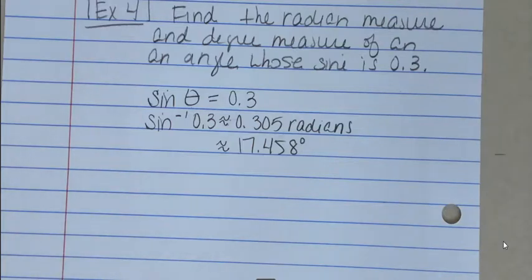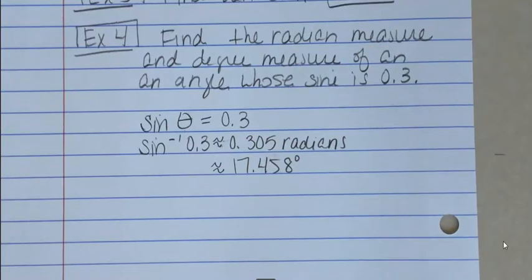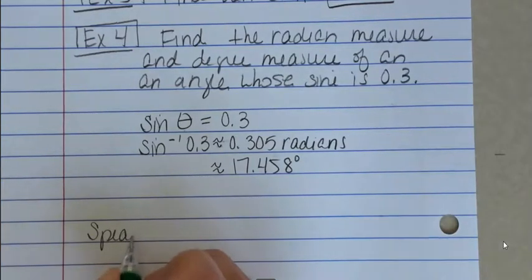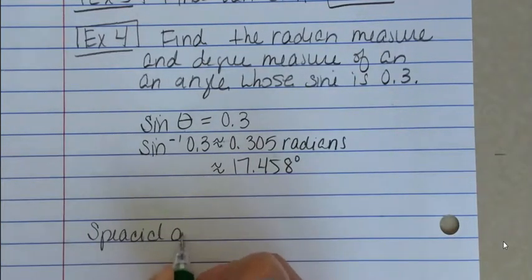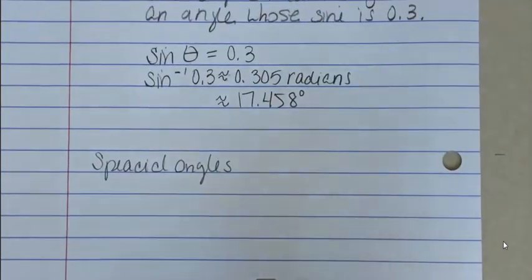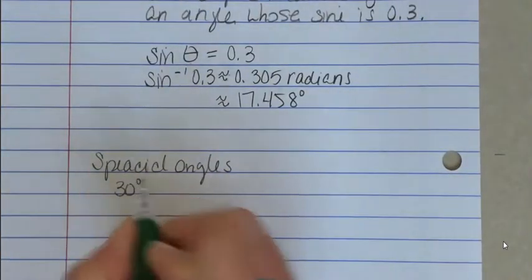All right, we have some special angles that we need to remember. And our next lesson, which we'll do in class together, is we're going to review the unit circle one more time. So let's talk about some of these special angles on your unit circle. Okay, so one of our special angles is a 30-degree angle.